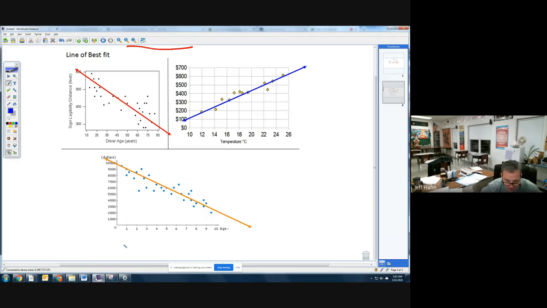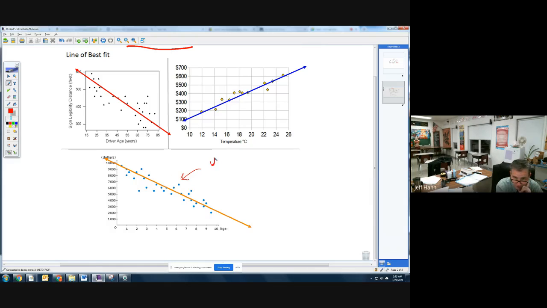Also, at some point, ladies and gentlemen, and I hate to tell you this, they would also ask you, and this is where things get really snarky, to actually give the linear equation for this, which you could do.